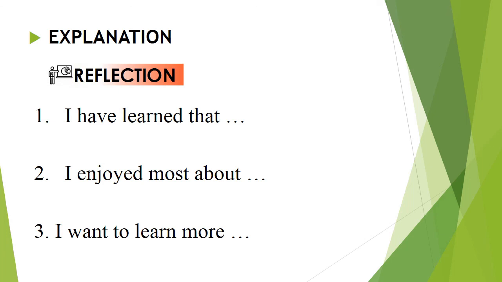For number 1, what they have learned from the lesson, what are the things that they enjoyed most about the lesson, and what are the things they wanted to learn more about the lesson. So this is now the reflective activity for the learners.